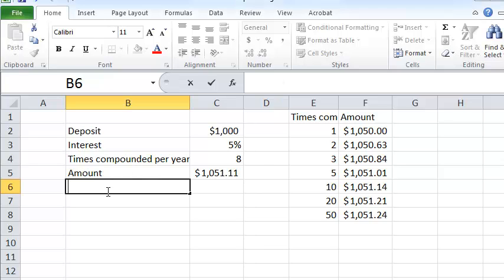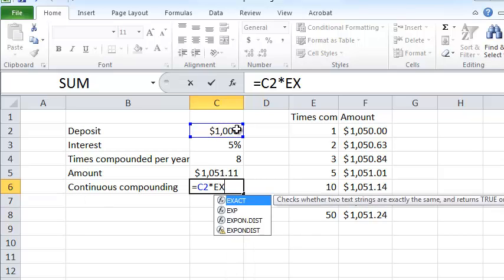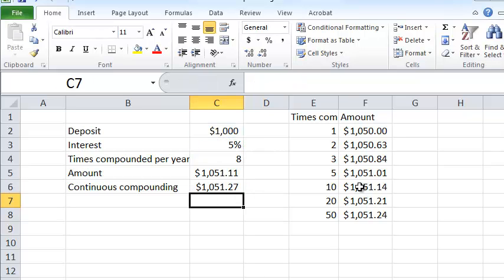So let me write this here: continuous compounding. The value would be the deposit times exp of the interest rate. So that would be the amount here. You can see here, if you were to continuously compound the $1,000 at the 5% annual interest rate, what that really means is you're compounding it every second or every millisecond or whatever, right?